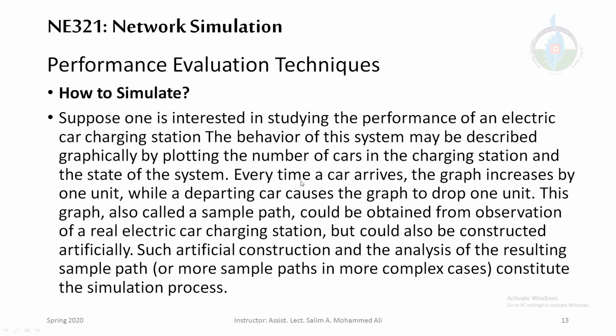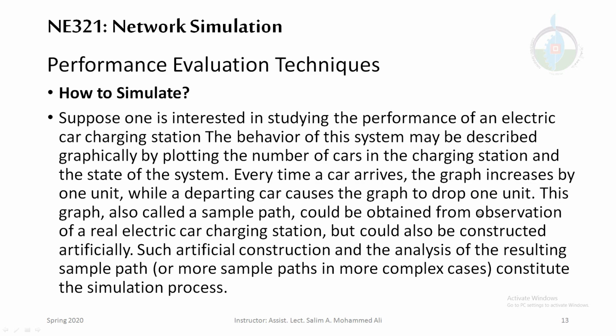Okay, then how to simulate? This is the major thing we are going to study in this course. Suppose one is interested in studying the performance of an electric car charger station. The behavior of this system may be described graphically by plotting the number of cars at the charging station as the state of the system. Every time a car arrives, the graph increases by 1 unit, while a departing car causes the graph to drop 1 unit.